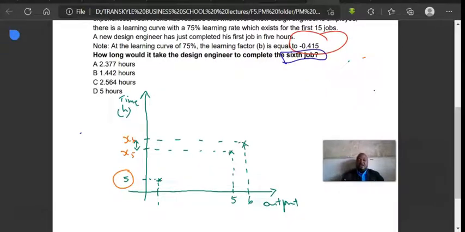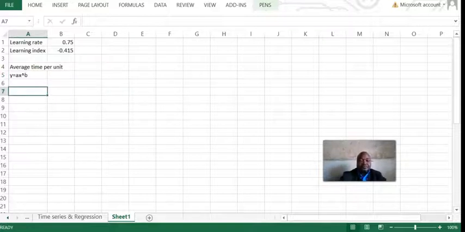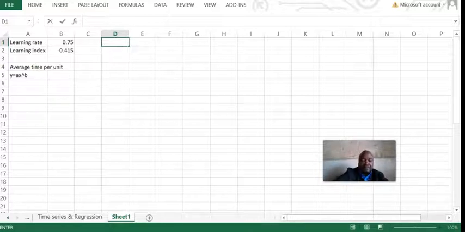Okay, so going back to our spreadsheet, let us determine, we can as well work on this side, the average time for 6 jobs.